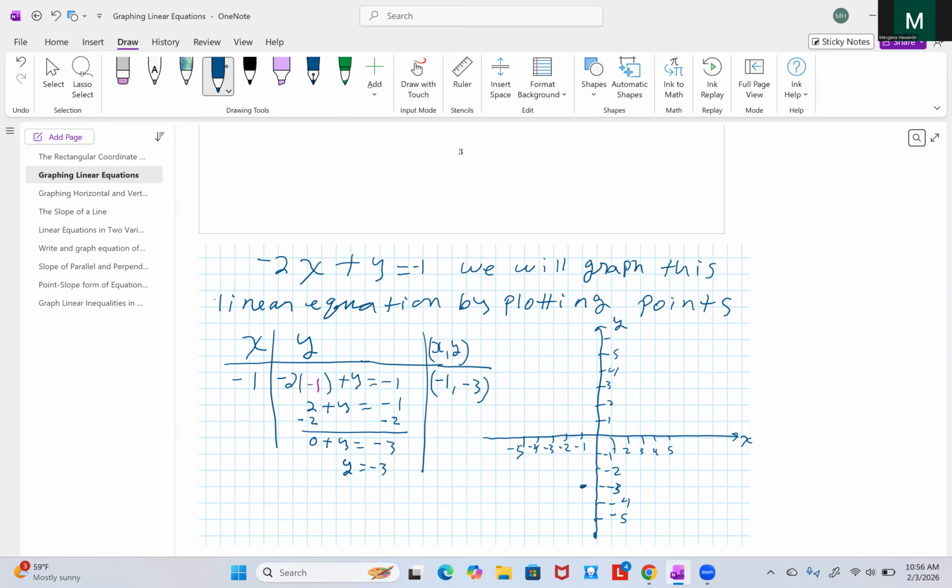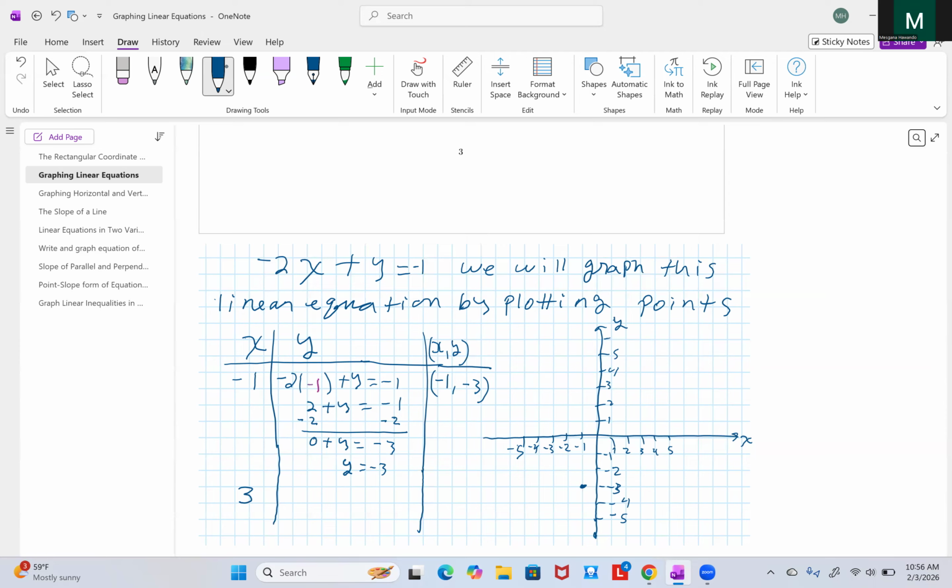Next, pick another x coordinate to graph. Let's say x is equal to 3. When x is equal to 3, what is y?